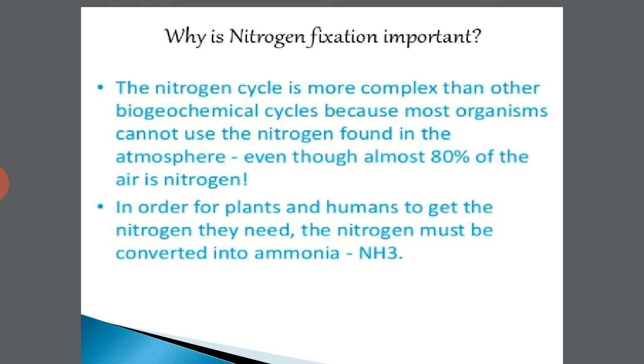In order for the plants and humans to get nitrogen, nitrogen must be converted into ammonia, that is NH3, its chemical formula. We have also studied that we are not able to use nitrogen directly, although it's present in abundant amount. So it will first be converted and used by plants, and then through plants human beings and animals can use it.